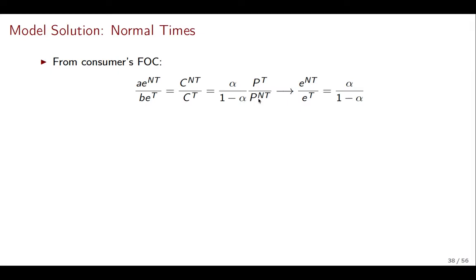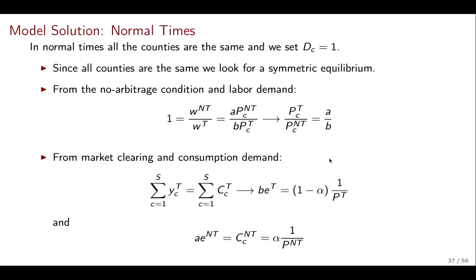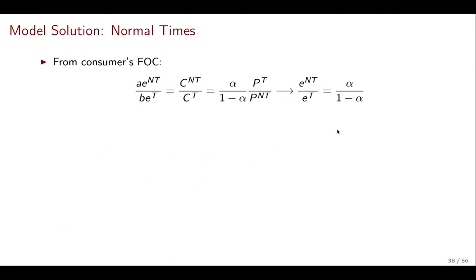But we also know from the result we just derived what PT over PNT has to be. It has to be A over B. So that's what we're doing here. We are replacing PT over PNT with A over B, canceling it with the A over B on the other side, which leaves us with ENT equal to alpha over 1 minus alpha times ET. We're going to go back to that in a moment.